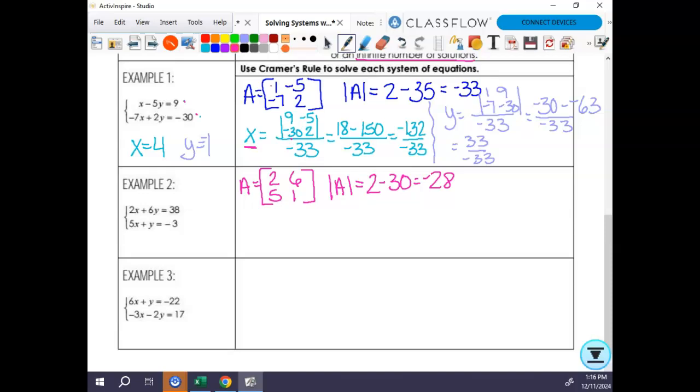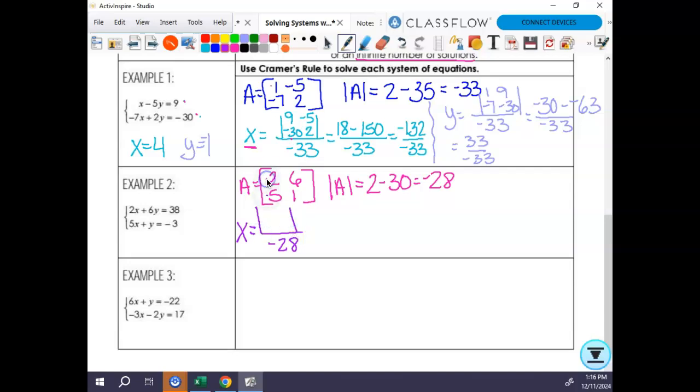Okay. So now we're going to look for x. In the denominator goes this determinant, negative 28. Okay. In the numerator, I'm going to come up with what I'm going to find the determinant of. I am looking for x.